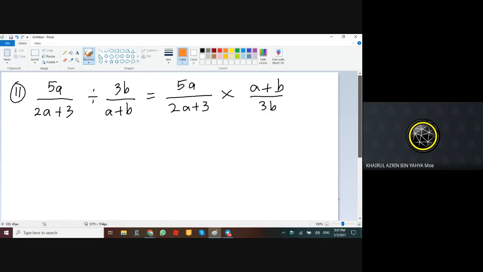Again, divide, you change to multiplication. When you change this fraction, you need to change upside down. Okay, we continue. Now can we eliminate anything? I think we cannot eliminate anything.